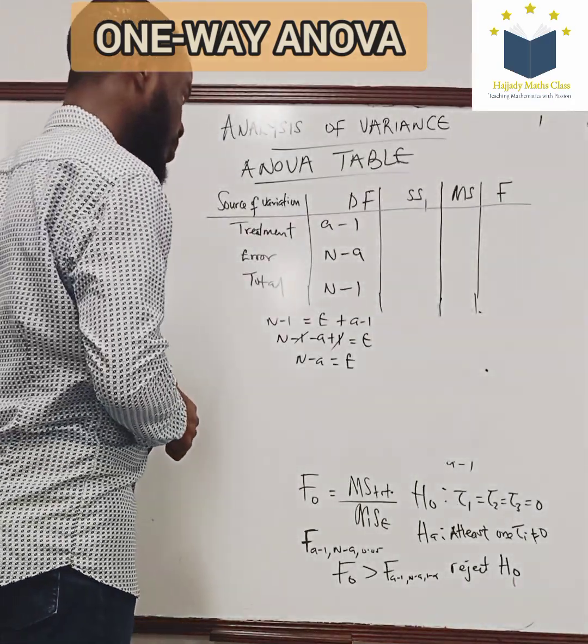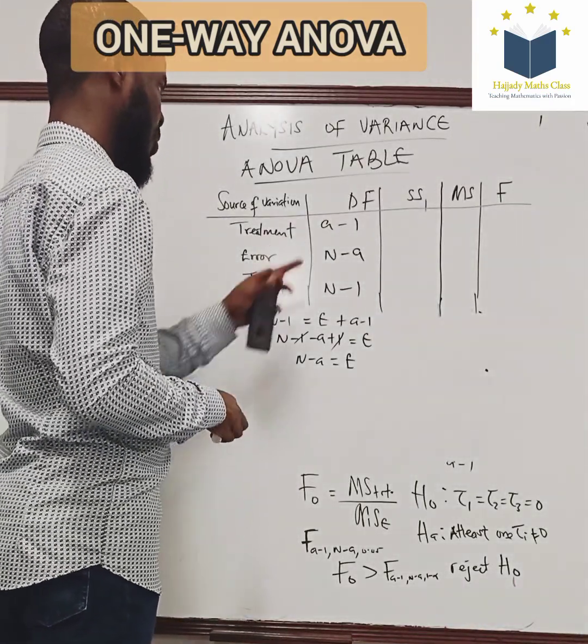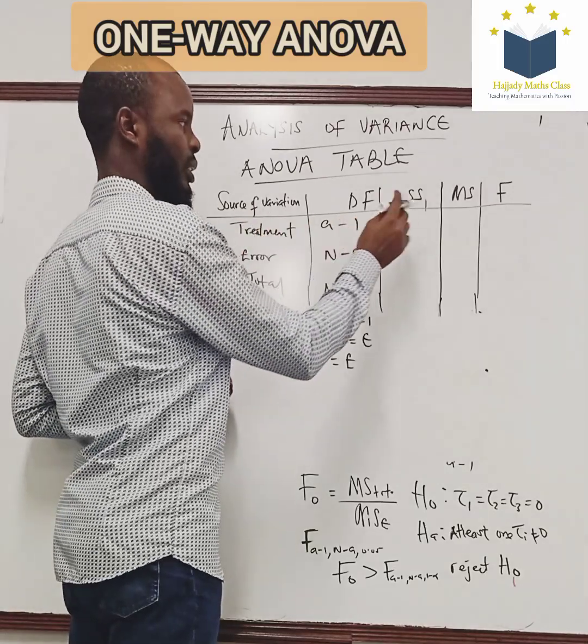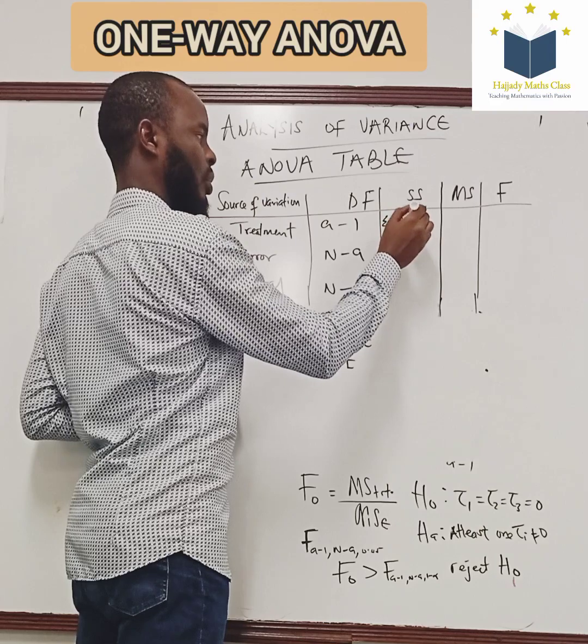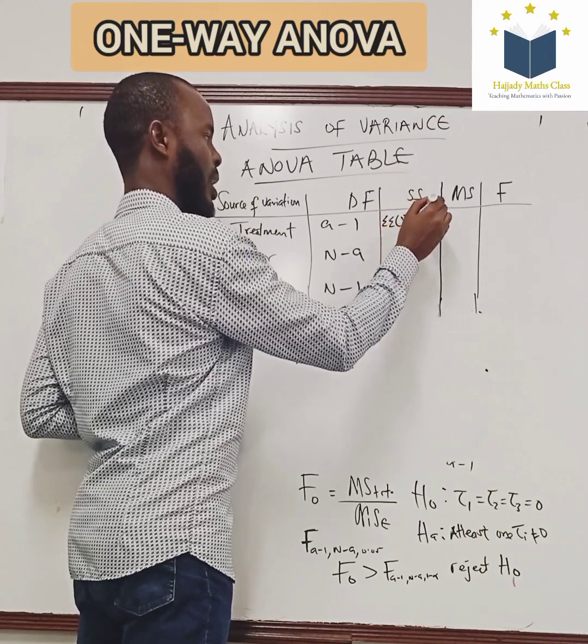Also, to get our sum of square, don't forget the sum of square for treatment. The formula is the double summation of yi dot bar minus y dot dot bar, all squared.